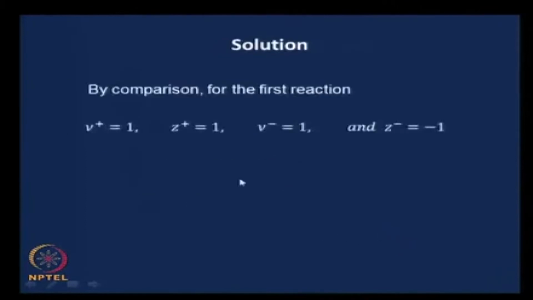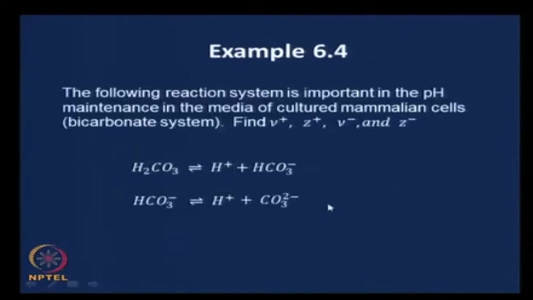Just by comparison you can see that nu plus is 1, Z plus is 1, nu minus is 1 and Z minus is minus 1. If you are wondering where this came from, for the first reaction, nu plus is the stoichiometric coefficient of the positively charged species, so that is 1 here, therefore nu plus is 1.